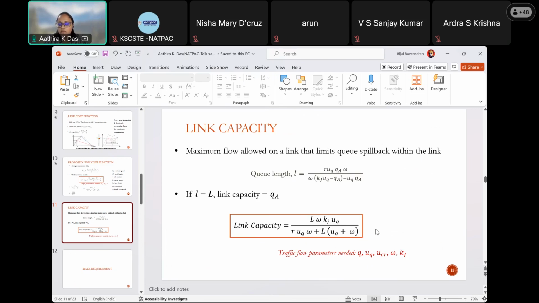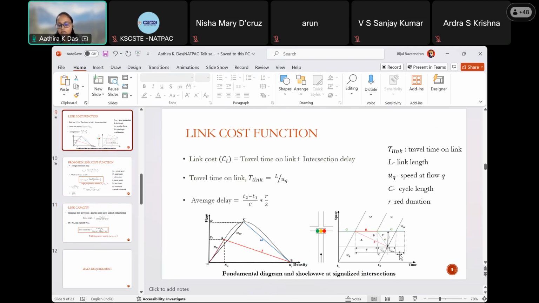When we use the shockwave, the kinematic wave theory, the fundamental diagram parameters come into the picture. That is the main difference. The fundamental diagram parameters will give the traffic state of that particular intersection and link considered. So it will have the flow, speed, and capacity based on the traffic state.